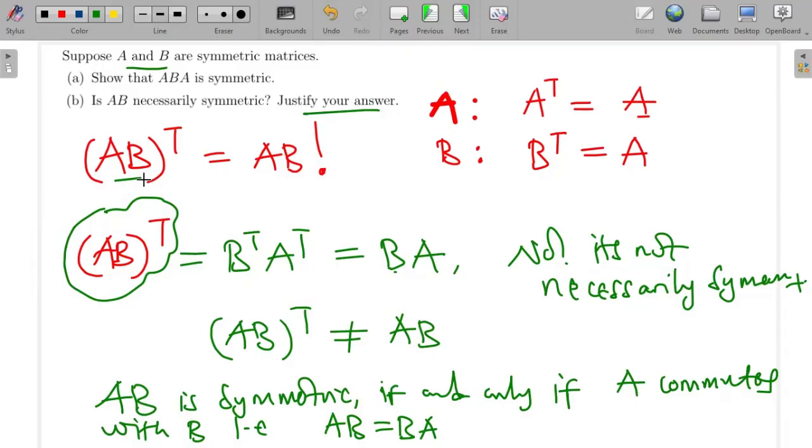So in general, AB won't be symmetric because of what we've stated there. But if we are to come up with a condition that will make AB symmetric, then it has to be that A commutes with B, i.e., AB is equal to BA. So that's how we can simply answer that question there.